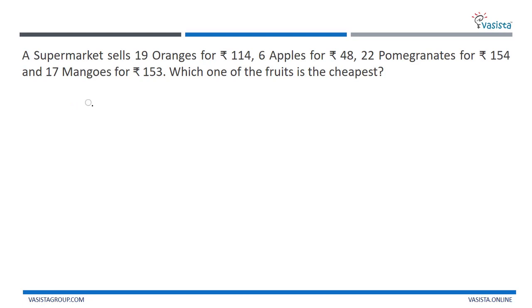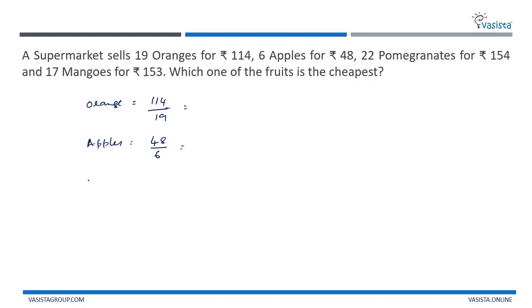Let us go with oranges. Orange price is equal to how much? For 19 oranges, 114. 114 divided by 19. Then 6 apples. Apples is equal to how much? 48 rupees for 6 apples.